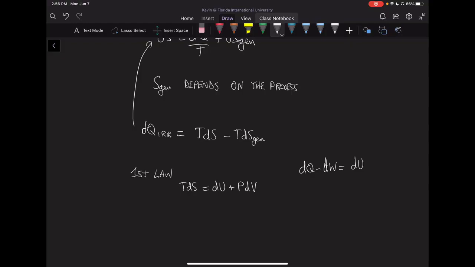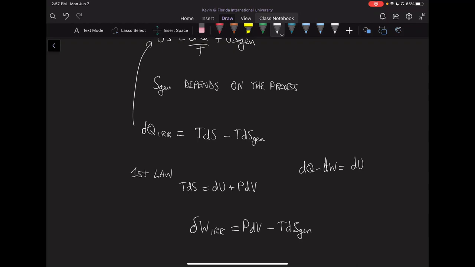We can say that our dW irreversible would actually be equal to pdV minus TdS gen. So we have a new way of approaching the problem, saying that the work irreversible is actually less than pdV.